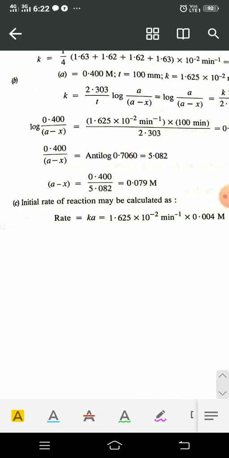So this is about the numericals. I think all of you understood this, and you will write this in your notebook, and then you will read, and with the help of the concept you will understand the numerical also. Thank you.